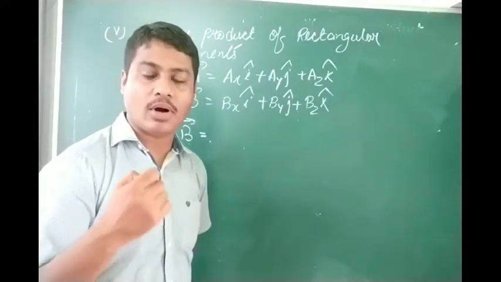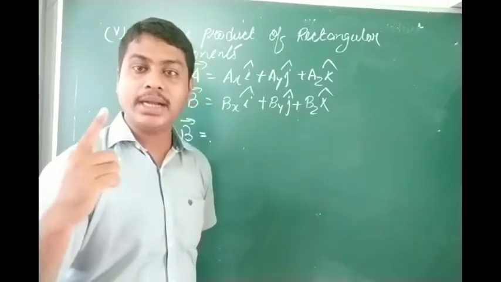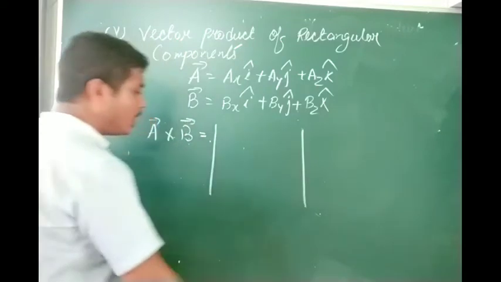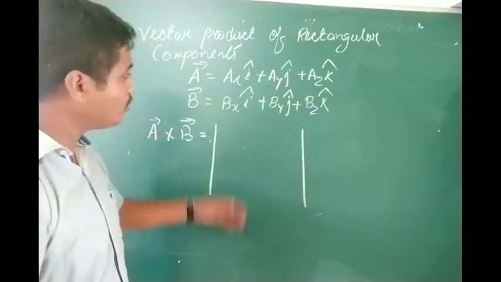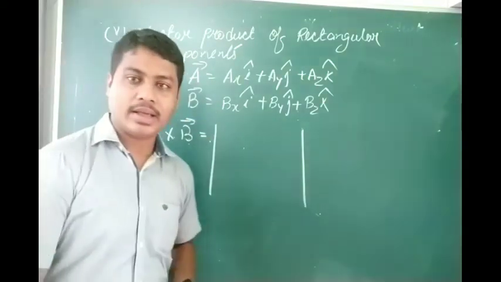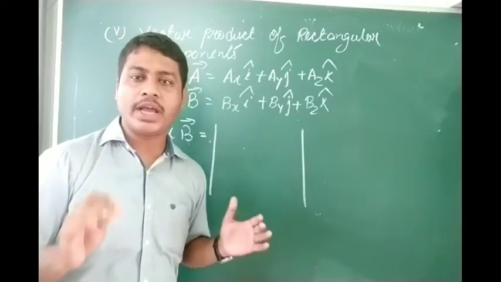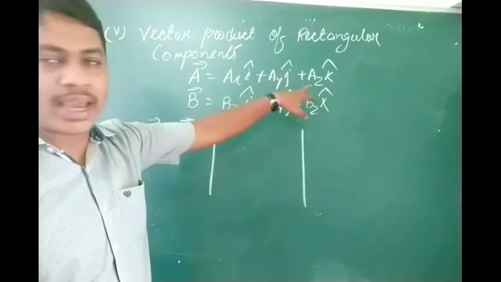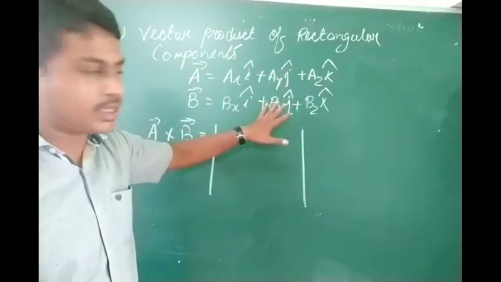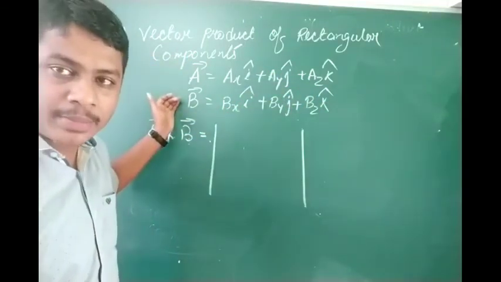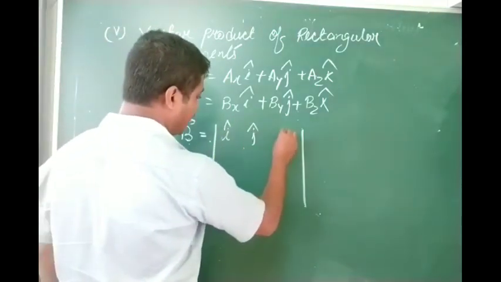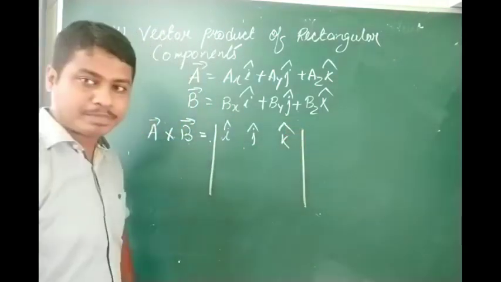That method is called the determinant method. For that we have to see, out of the two components that you have written, what is the common part in both the equations. If you see, i cap, j cap and k cap are the common part in both the equations, that is vector A and also vector B. First you write the common part, i cap, j cap and k cap.